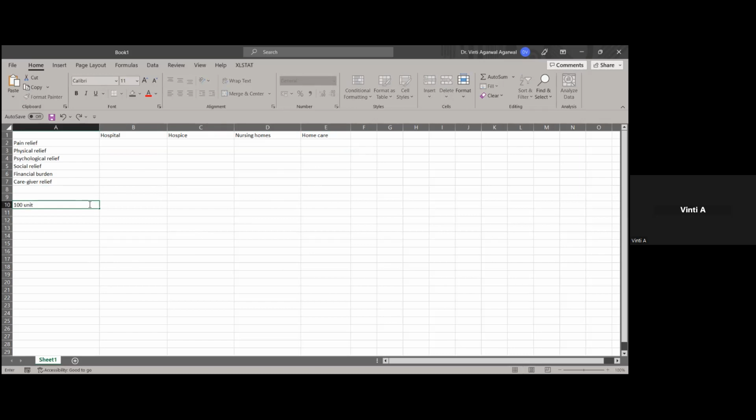With regard to a hospital, I want to divide in terms of the relief, so it's like a rating scale. I may give 50 here. Caregiver relief is just 20. Psychological relief is only 20. Financial burden is again just 10. Social relief is maybe 15.